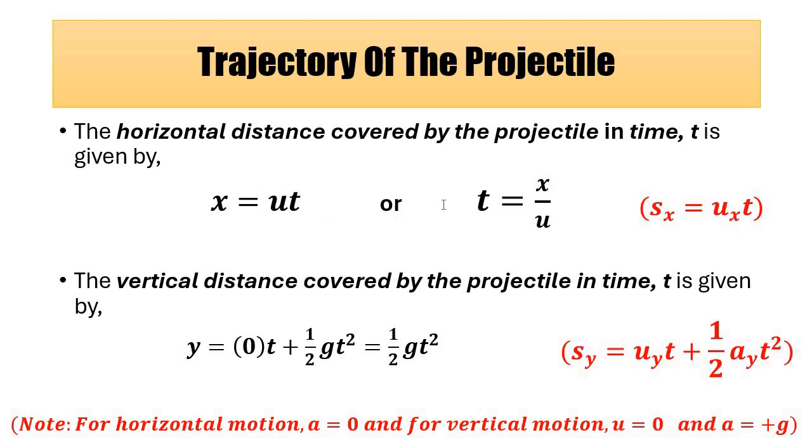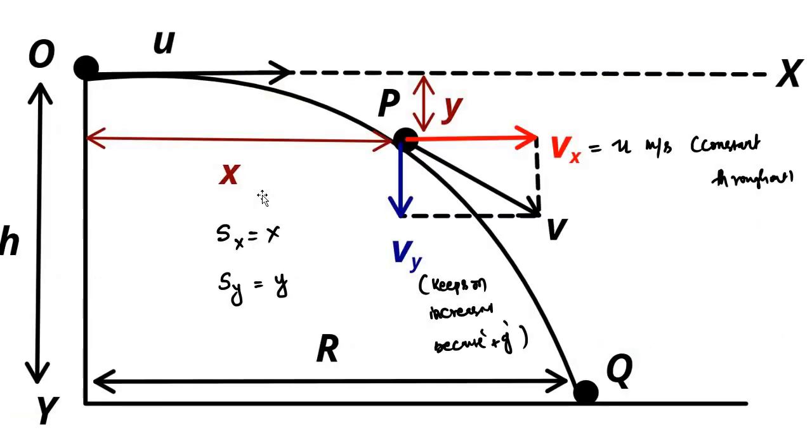Or we can write t is equal to x by u. Simply this, x is equal to ut, it is projected with initial velocity u, which remains constant throughout. Simply the product of velocity and time gives us the displacement. So this is the horizontal component.